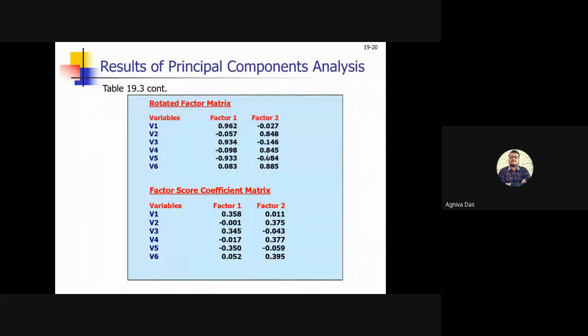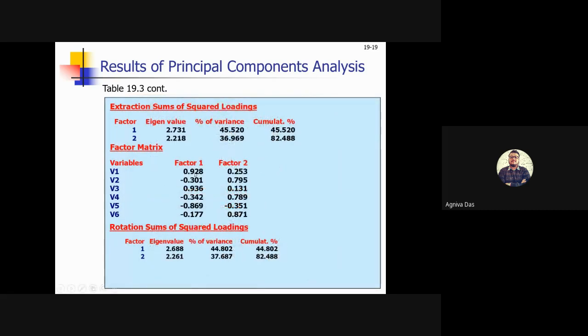So after rotation, as you can see, once it has been rotated, V1 under factor 1 has 0.962, but under factor 2 it has been reduced to 0.027. So the demarcation here is even clearer than before, right? In the previous case, it was 0.928 and 0.253.